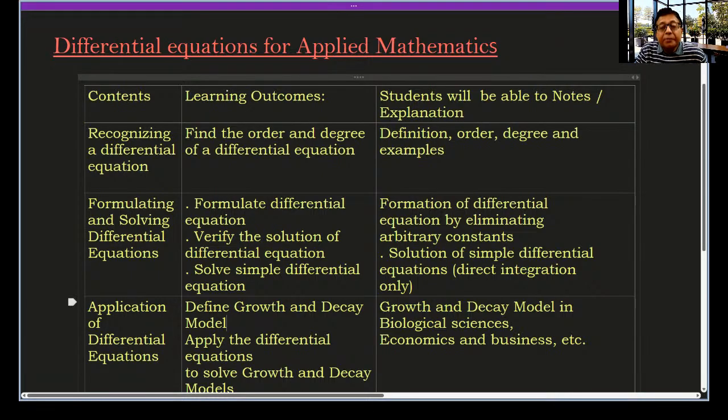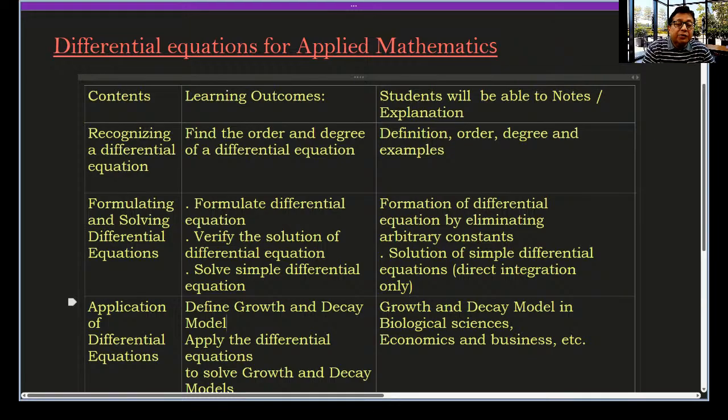If the business is profitable, then your profit goes on increasing. So there is a growth model. The business is growing, we say. In biological sciences, when a bacteria culture is involved, the number of bacteria increases with time.